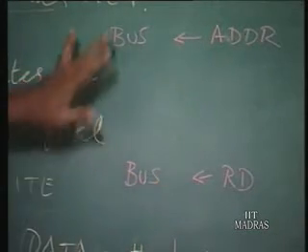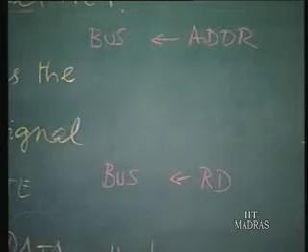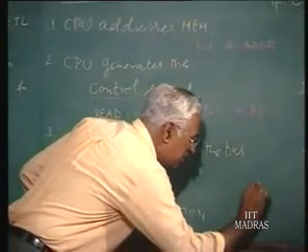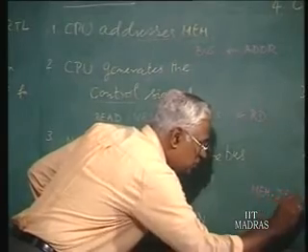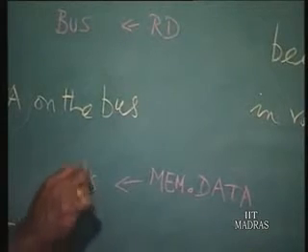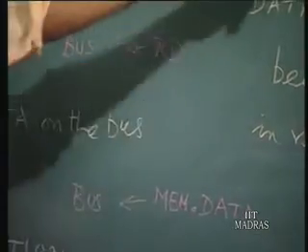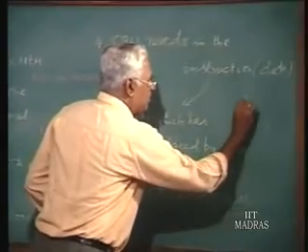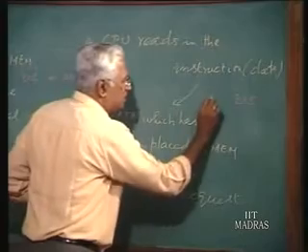All these are put in different parts of the bus. We will come to that later. Then memory places the data on the bus. So I just put it as memory, data, that is the memory part does it. This goes on the bus. Now here it's all the CPU doing that. Now the CPU reads in the instruction, which means whatever was there on the bus, that is actually the data.